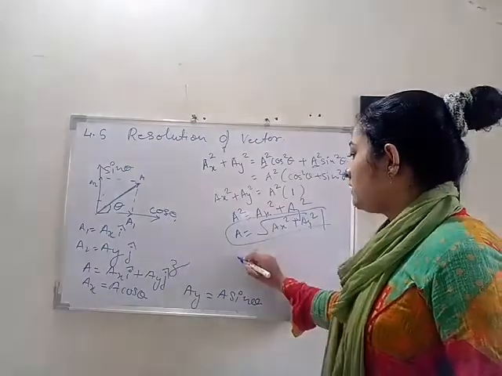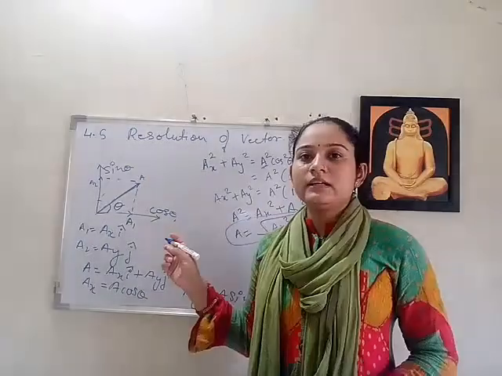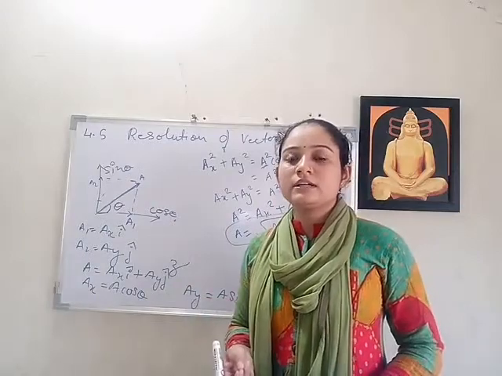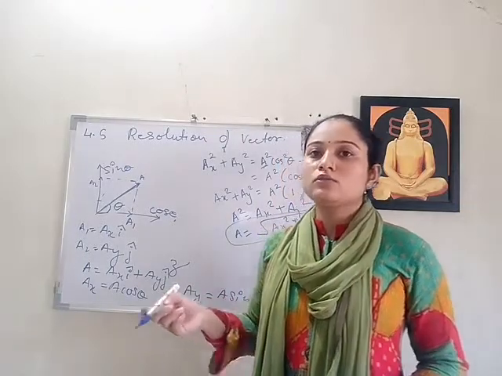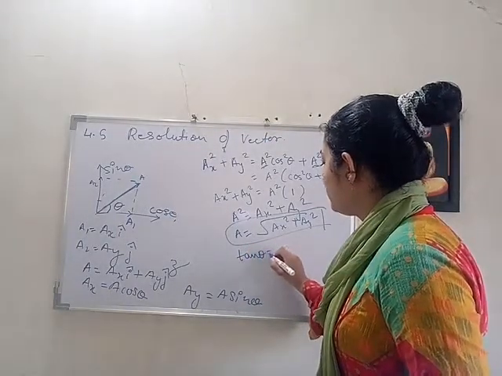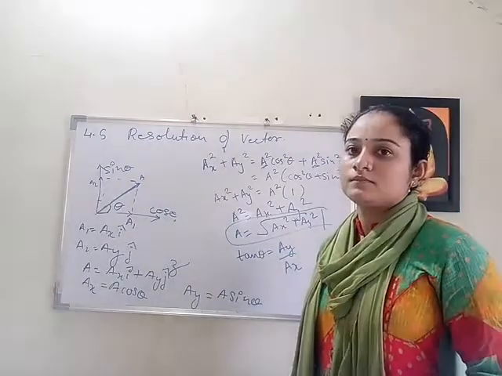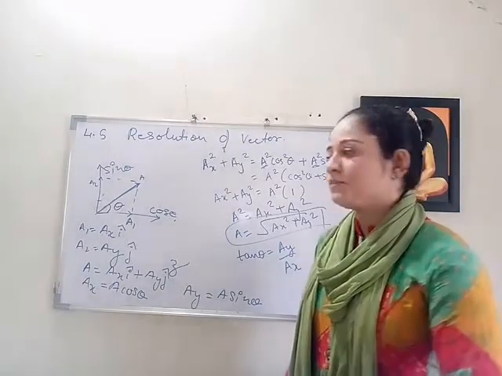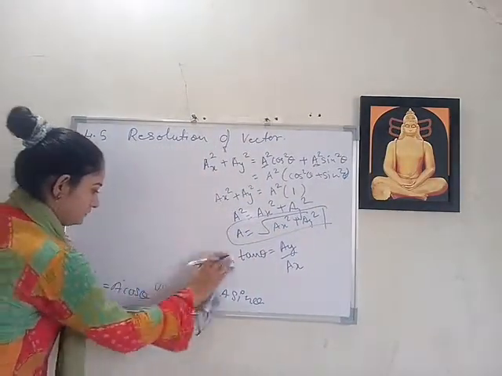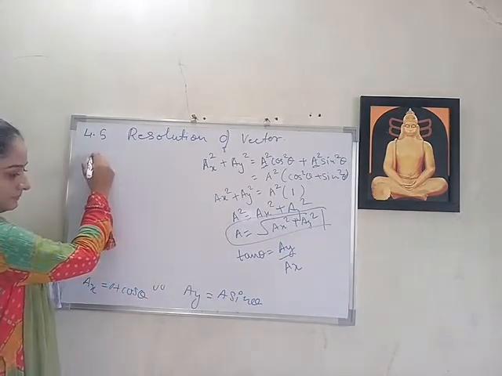Now in the same way we can find theta. The components of the vector can be negative, positive or 0 according to its angle theta. So here tan theta will be equal to Ay by Ax. Got it? No? So look here. Divide Ay and Ax.